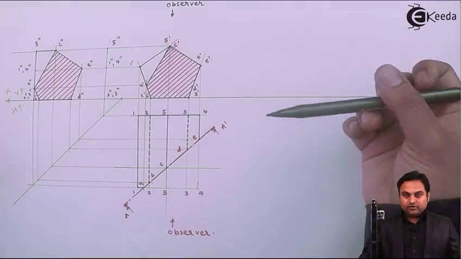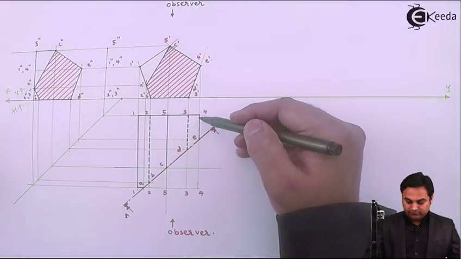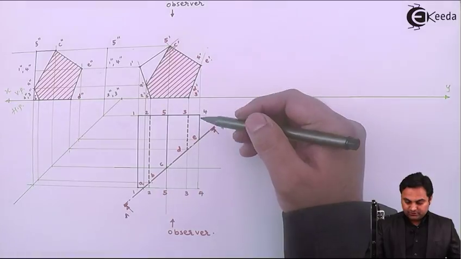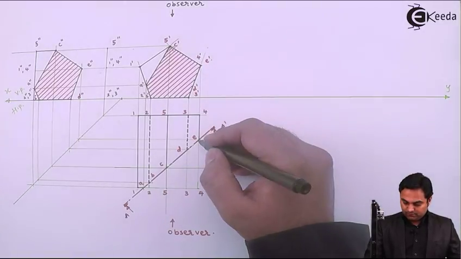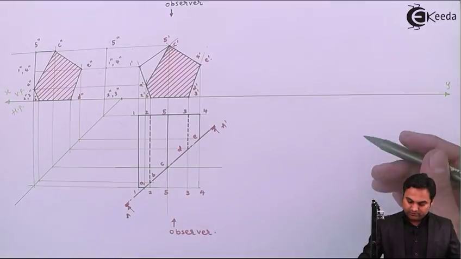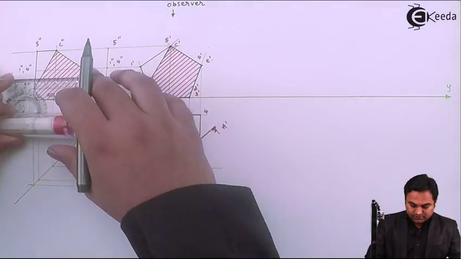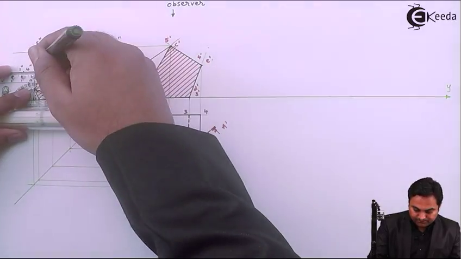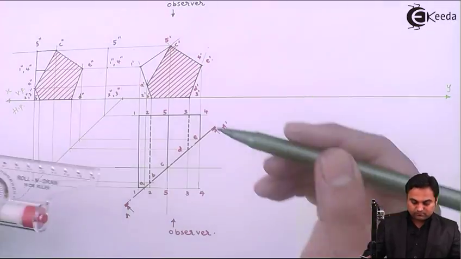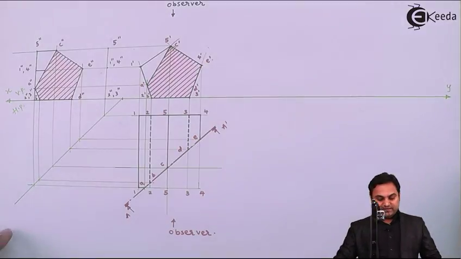Next, when we are looking from this side, this edge E to 4, that is visible, or we can say that when we are looking from this side, then here this much portion will be visible. Next, I'll give the dimensions to it.